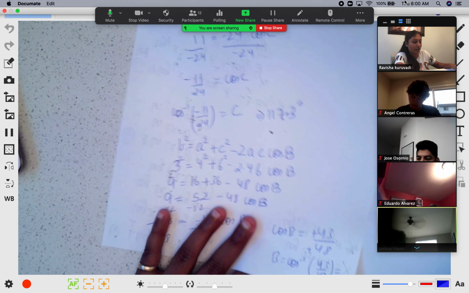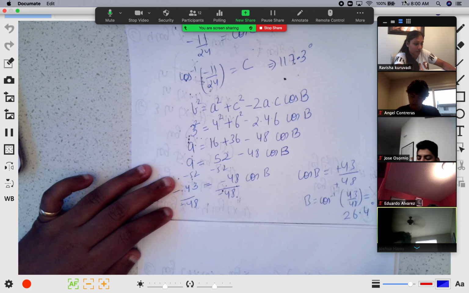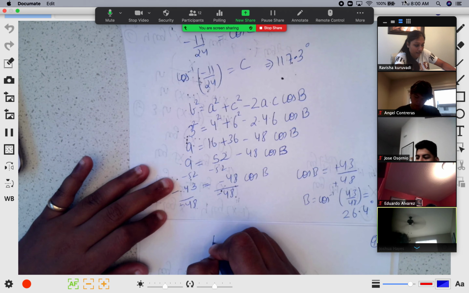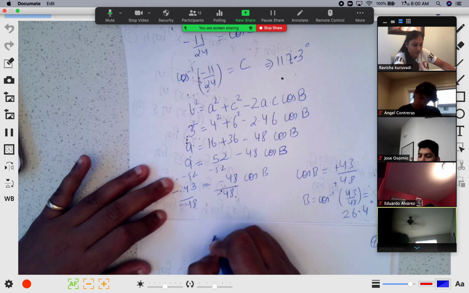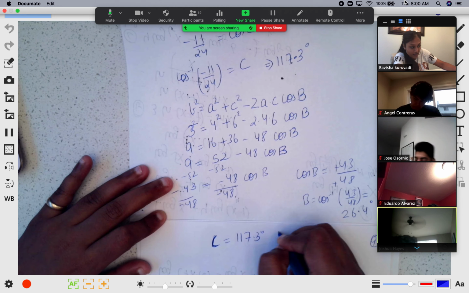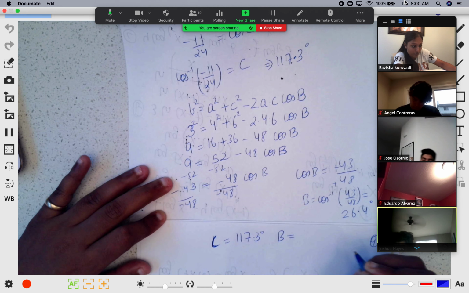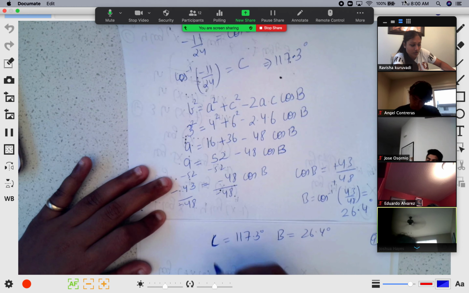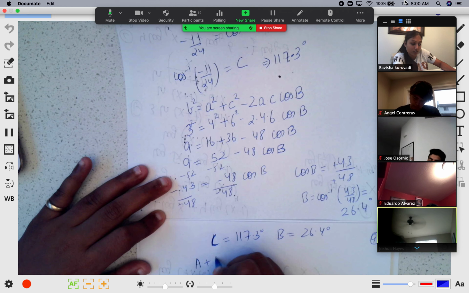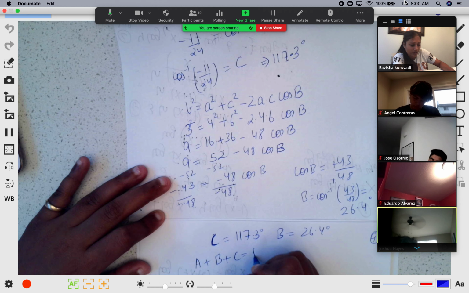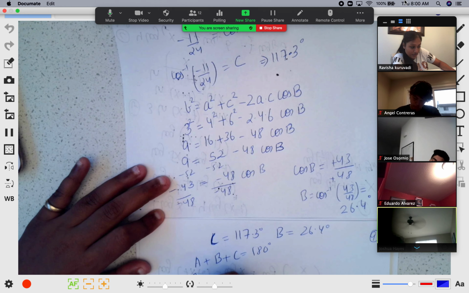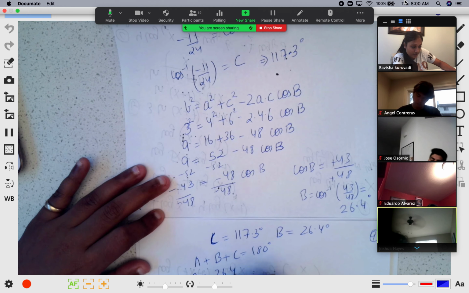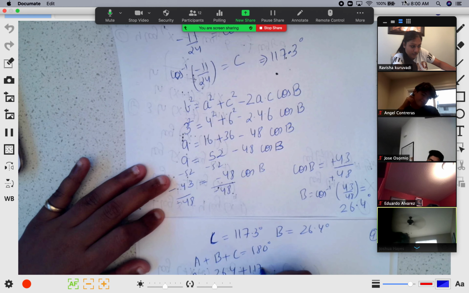Now you found your C angle as 117.3 degrees, and you found your B as 26.4 degrees. You can find your A also using the formula. I know the sum of all three angles is 180 degrees. So 26.4 plus 117.3 plus A is equal to 180 degrees.